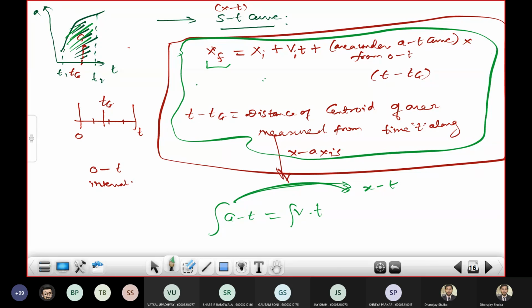यहाँ तक क्लियर है सबको? मोशन कर्व्स के बारे में कुछ पूछना है? So these are my motion curves, okay, commonly used motion curve ST, VT and AT curves.